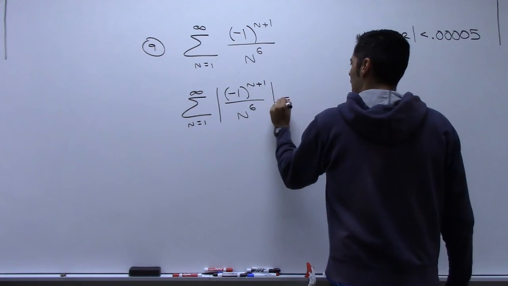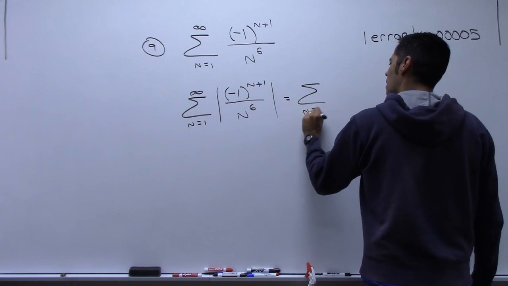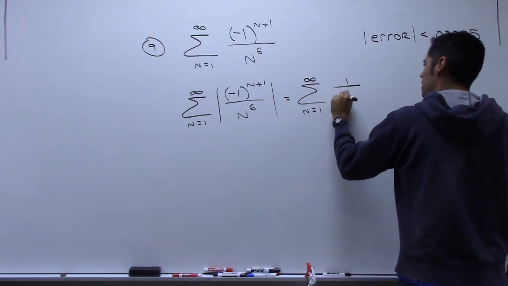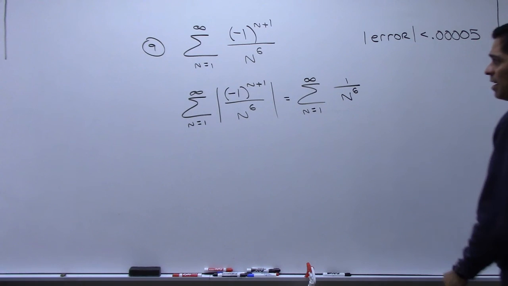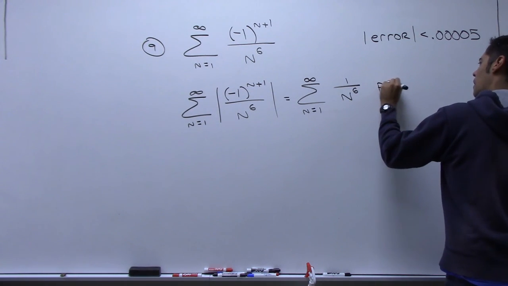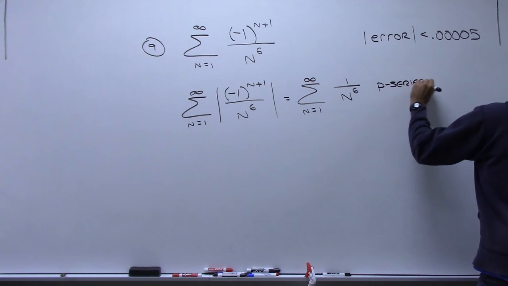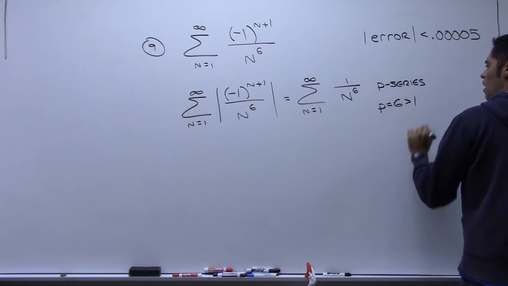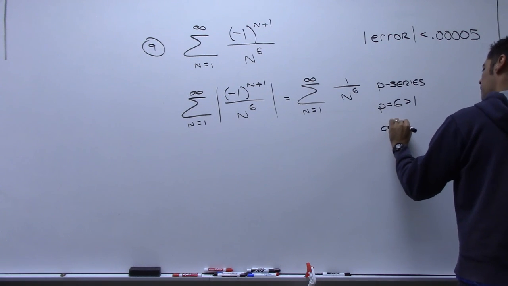The negative 1 doesn't matter anymore. It's always a positive 1. The n to the 6th absolute value is just n to the 6th. And this is a p-series, and p is 6, which is greater than 1, which means it converges.